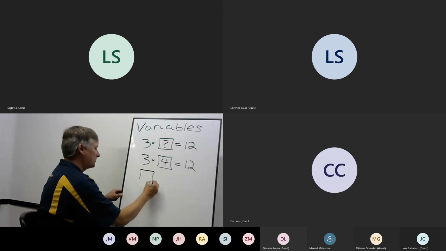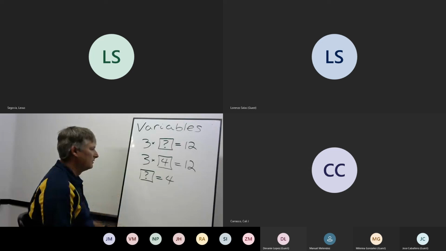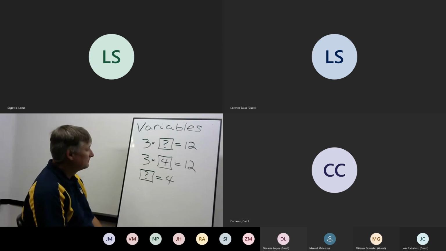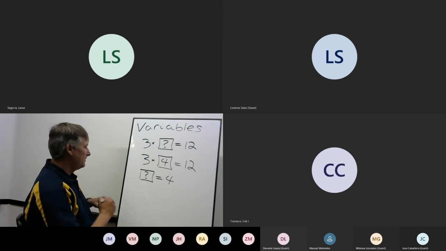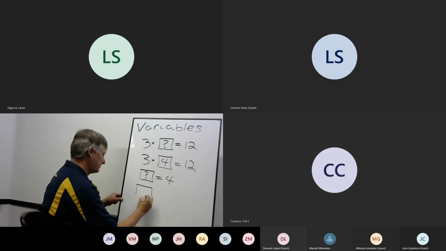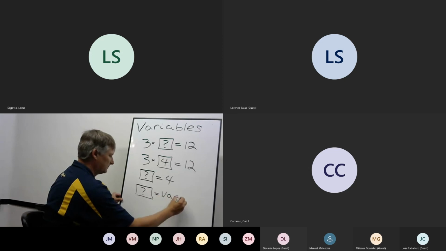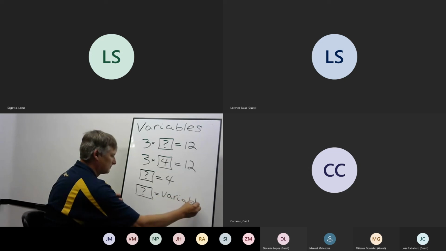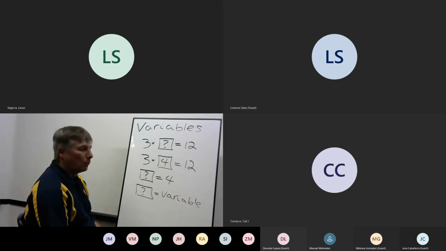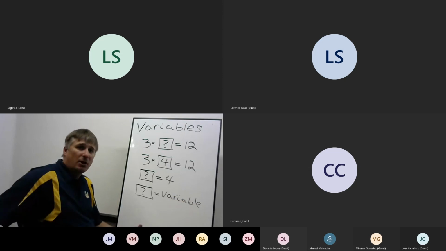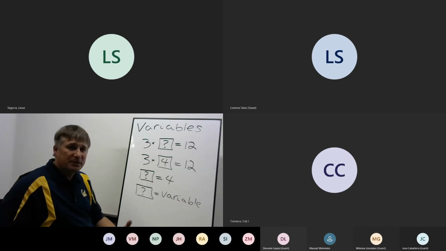So the mystery number was 4. So this here is a variable. When we're missing a number, we call that symbol representing the unknown number a variable.